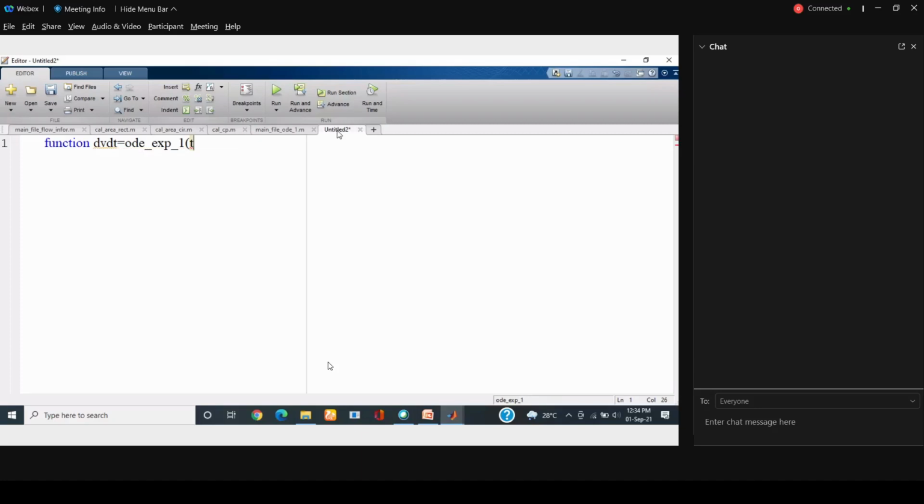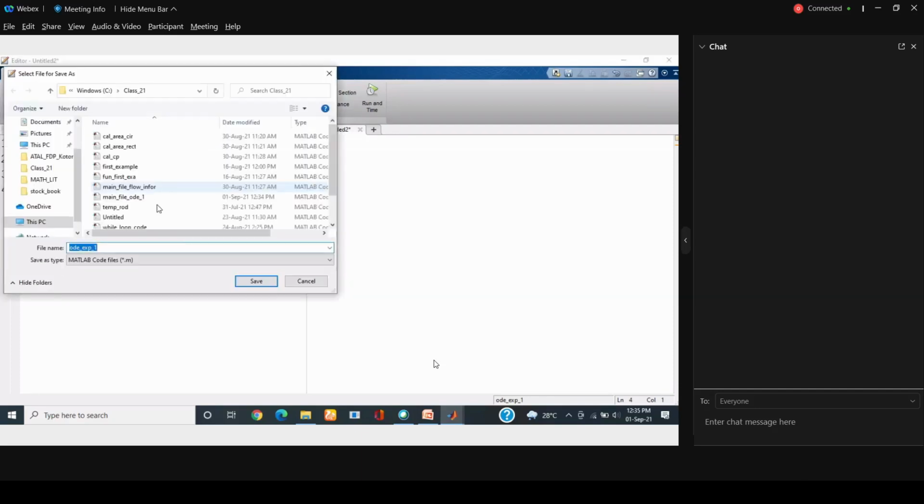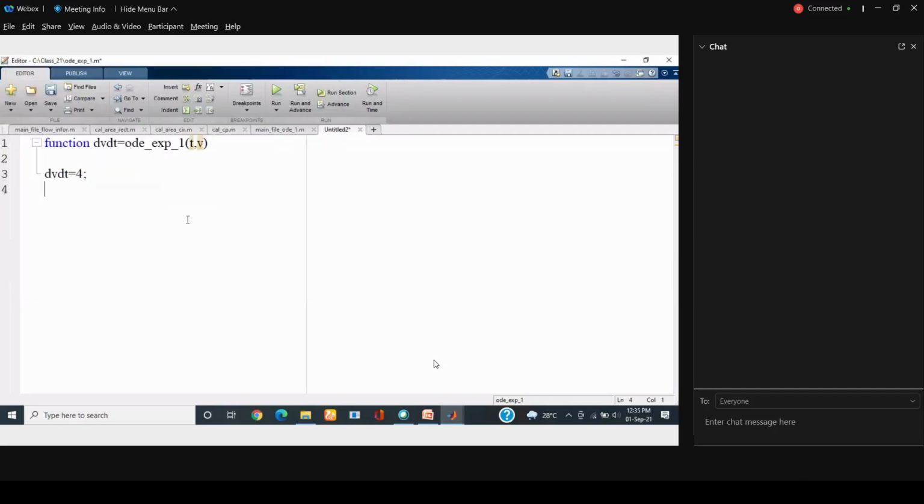So t is my independent variable and let's say v is my dependent variable. This is what I wrote. And then dvdt is equal to 4. This is my differential equation. Even if you did not write end, that's fine. Okay, and save. Now you will see that dvdt output is what I am giving.